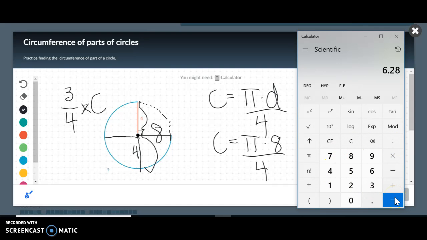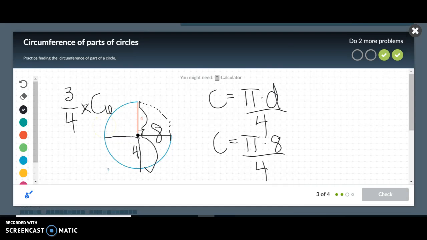That's not the answer. That's just what one part is. So in other words, this part here is 6.28. And this fourth is 6.28. And then this part is 6.28. So that's 3/4 of the length of this circumference.